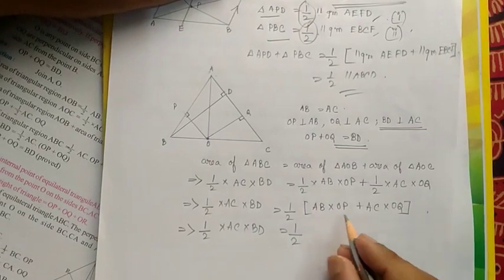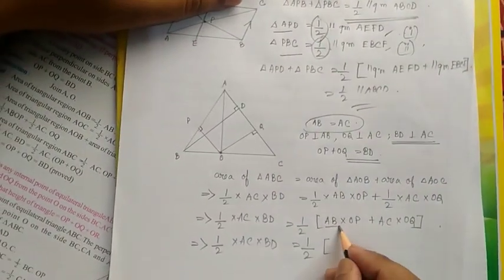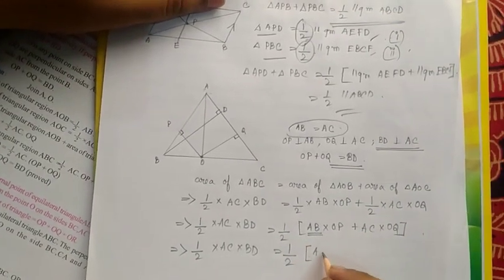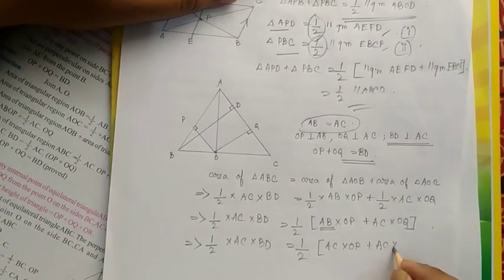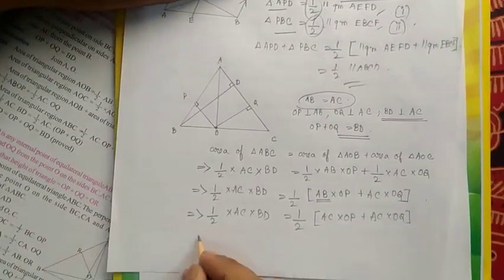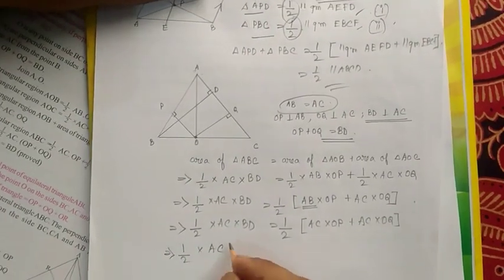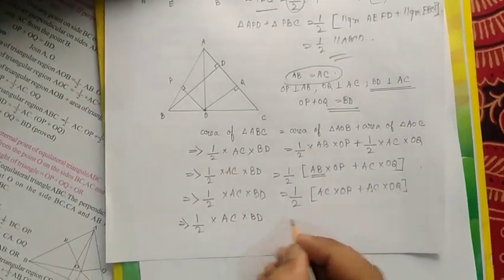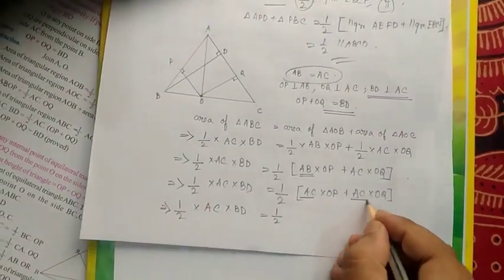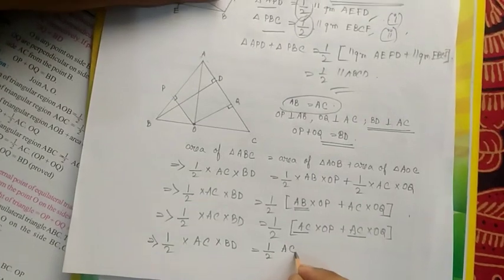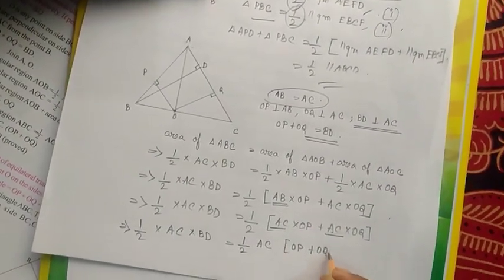Now we know AB equals AC. So we can write half into AC into OP plus AC into OQ. From these we can take AC common, and the remaining is OP plus OQ.